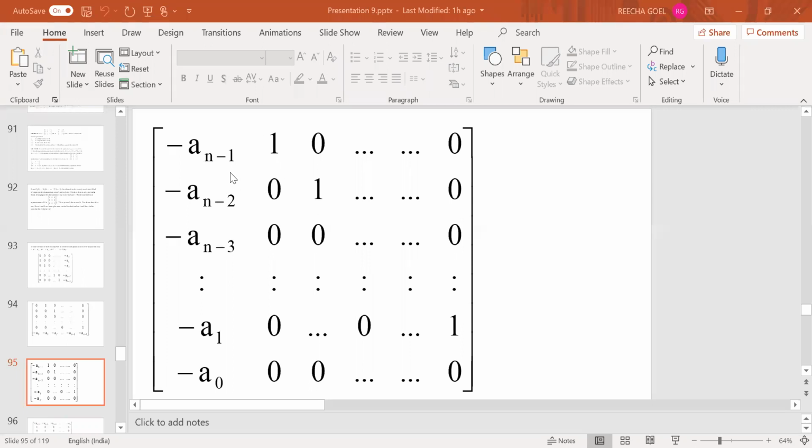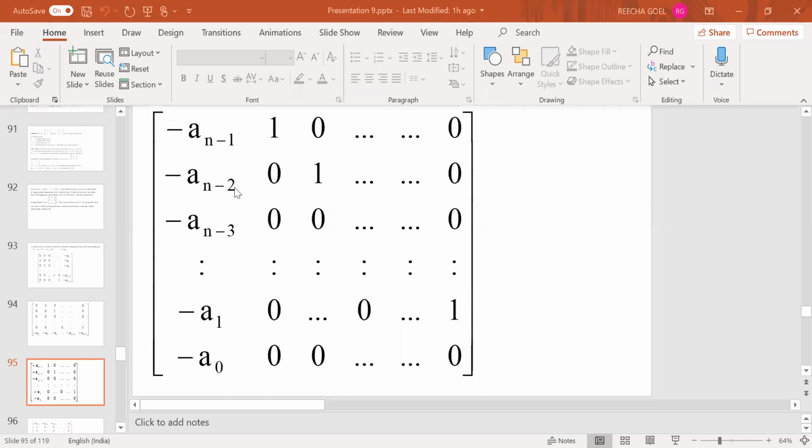So in this case also, I am going to write ones in the super diagonal position. Okay, so I have seen how to write in the last column, how to fill up the entries of the bottom row, and how to fill up the entries of the first column.